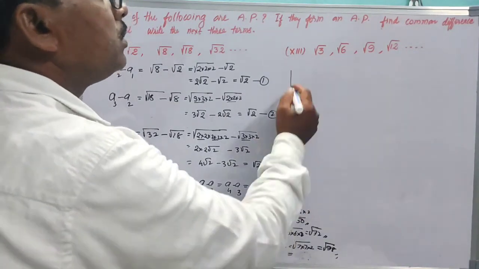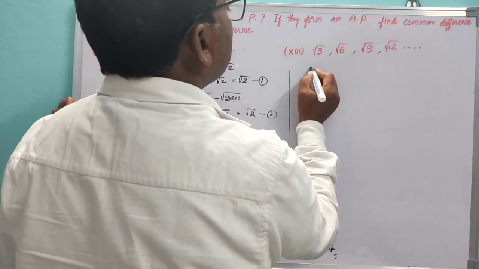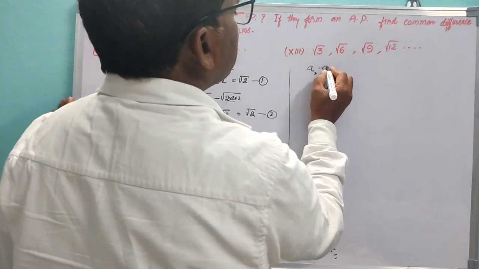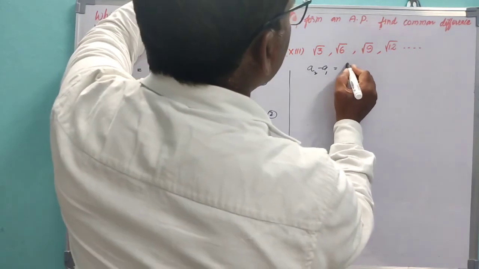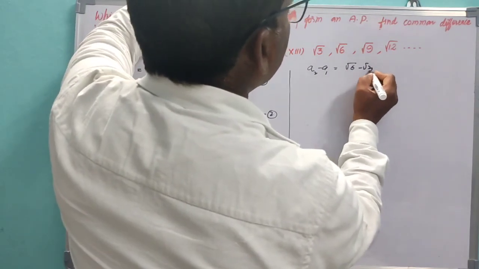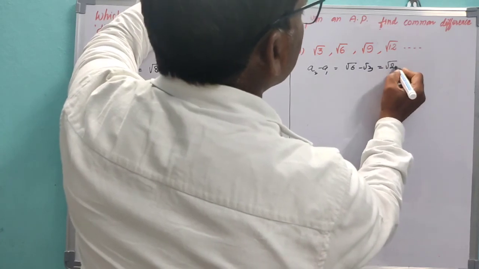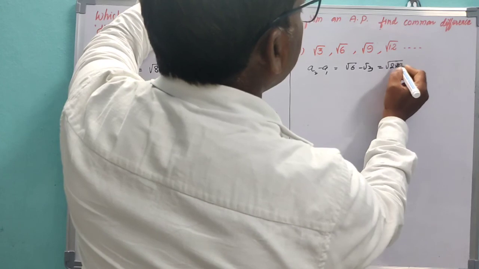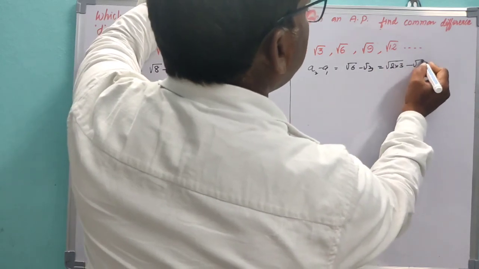Now see here, now try to write this. a2 minus a1 is equal to root 6 minus root 3. So we can write this 6 as 3 into 2, so root 6 is root 2 into root 3, and this is root 3.